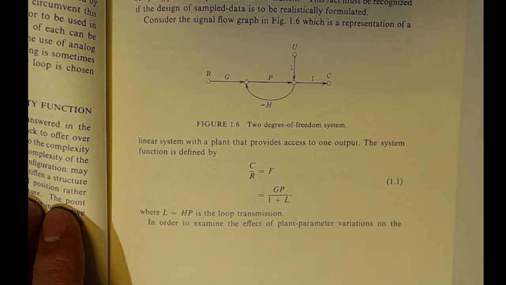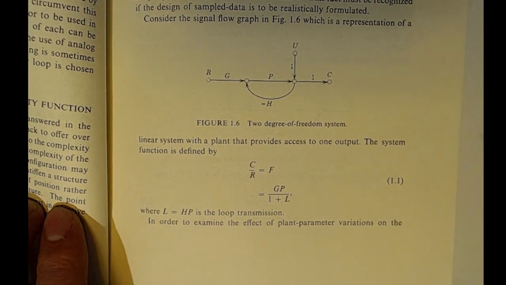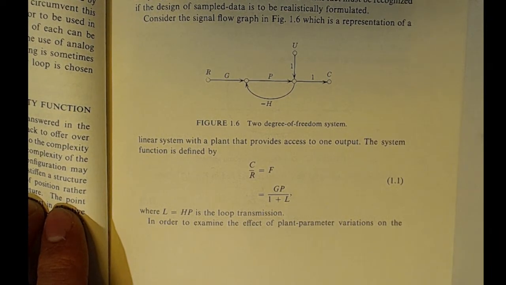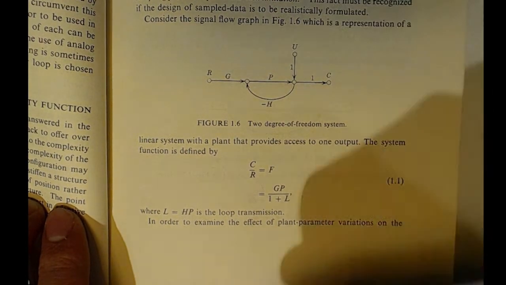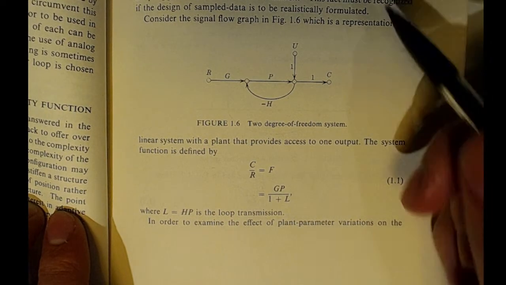It's strange. They say that the system function is defined by GP over 1 plus L, where L is the loop transmission. And I'm thinking to myself, wait, where did U come from? What is this U up here? What does that mean?